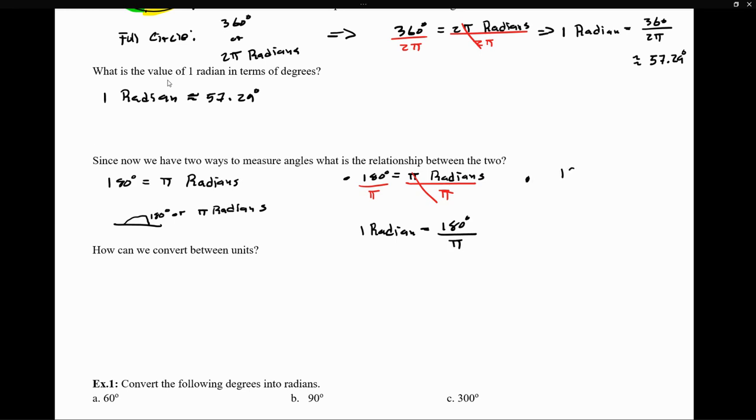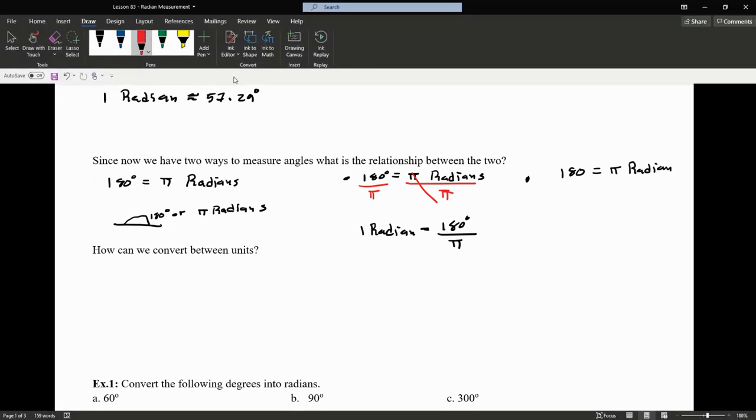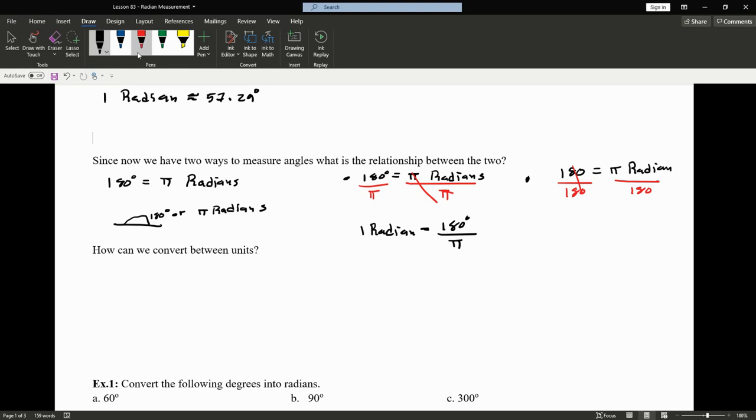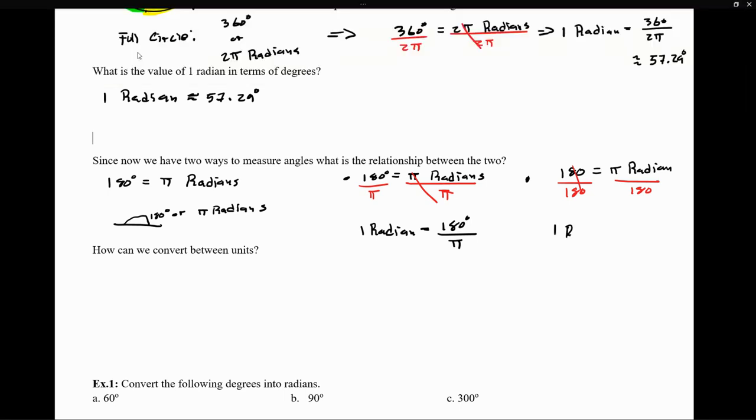And in addition to that, if I were to divide by 180 instead of pi, I would have that 1 degree is equal to pi over 180 radians.